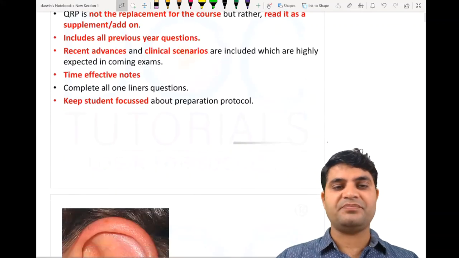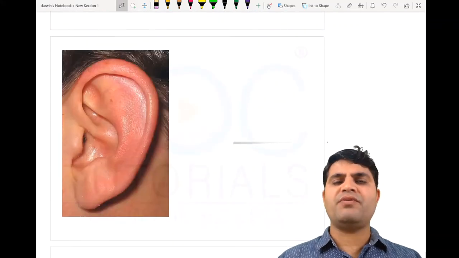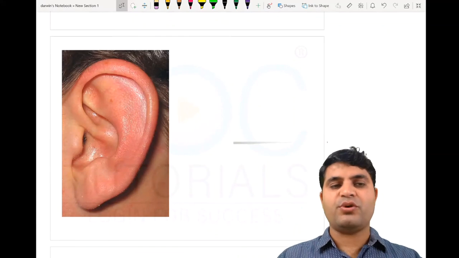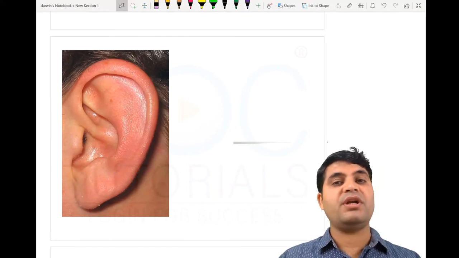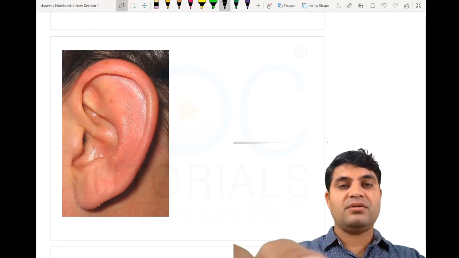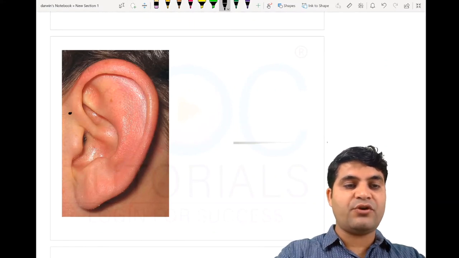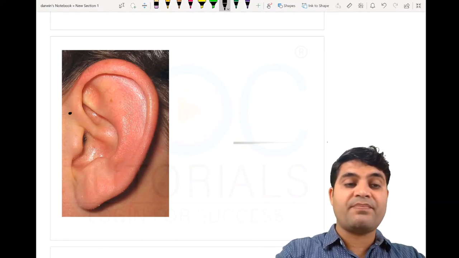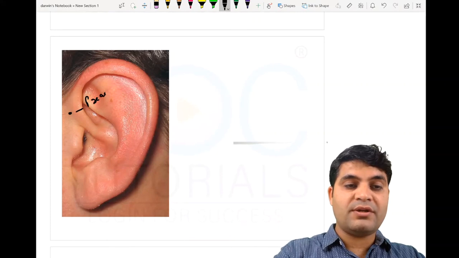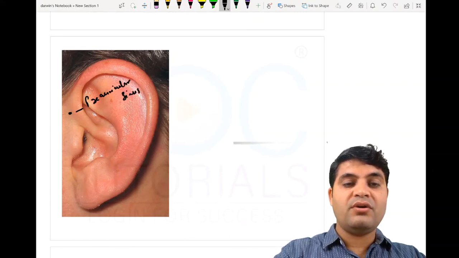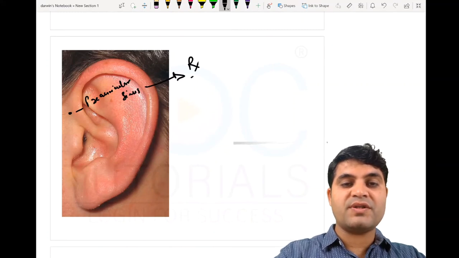So let's start. We will start with ear, then nose, then throat. Coming on to the first important image. This is the site for preauricular sinus. Somebody can ask you, what is the treatment of preauricular sinus?